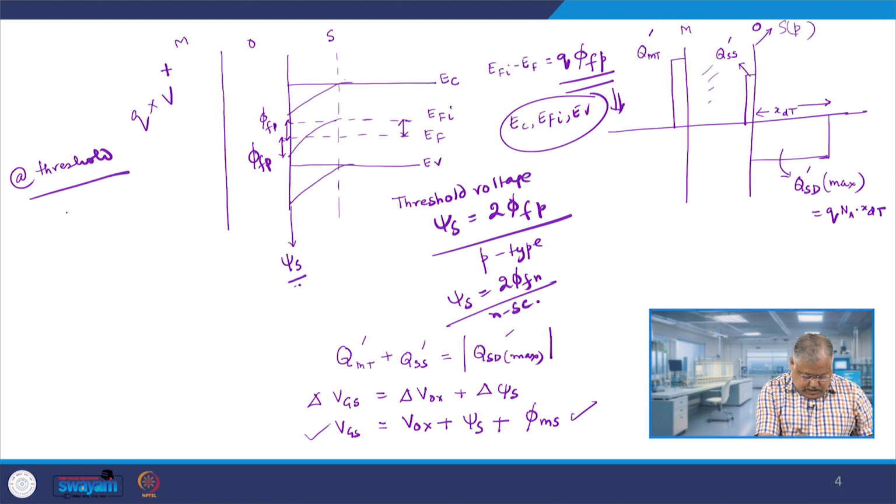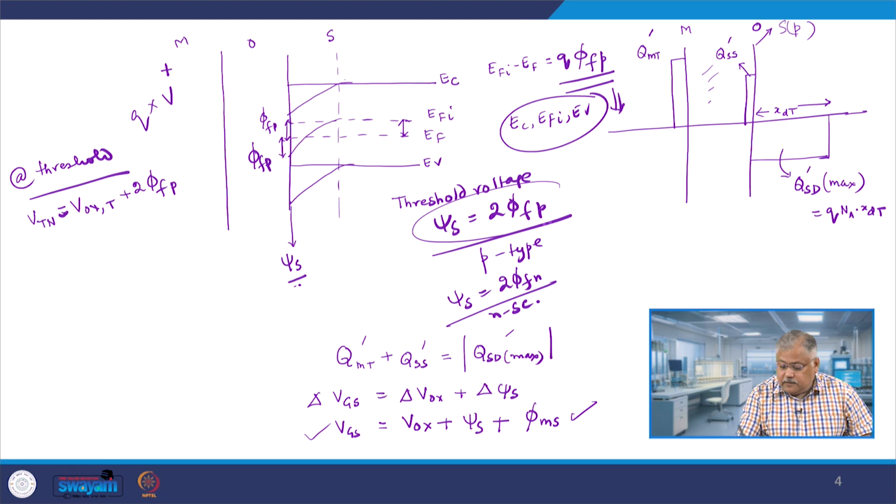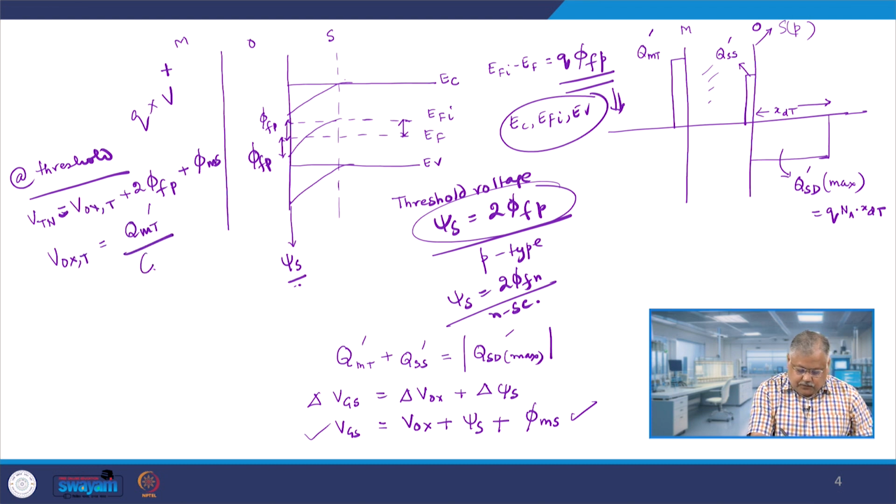At threshold, VGS equals VTN, the threshold voltage, which will be equal to VOX at threshold plus 2 phi FP, by the condition that psi S should be equal to 2 phi FP plus phi MS. And VOX at threshold is given as QMT prime divided by COX prime.